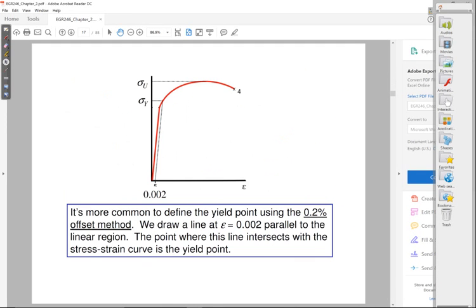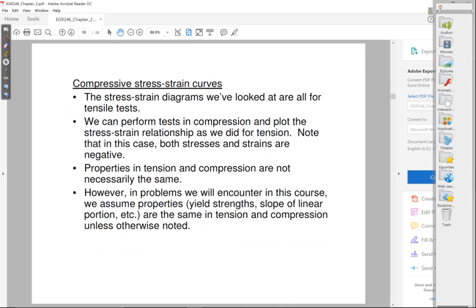Okay, so we talked about all this. A little brief discussion about compression. A lot of metals actually have the same Young's modulus in tension and compression, and some of them even have the same ultimate stress in tension and compression. Now, that's not to say all of them are like that. There are metals that behave differently in tension and compression.